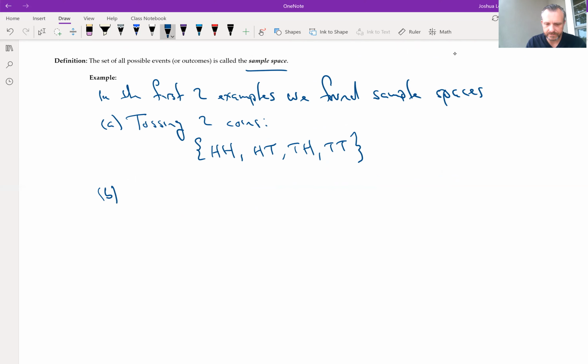What about tossing two dice? This one might be a little bit more complicated, but you could have 1, 1, 1, 2. And again, this is not the number 11 and 12.